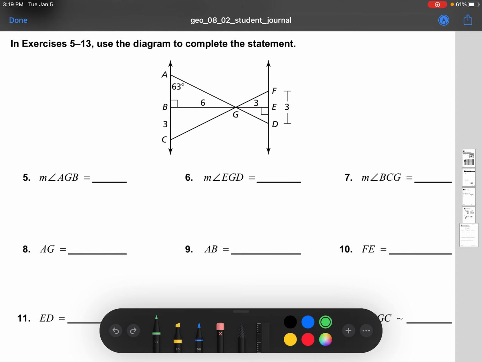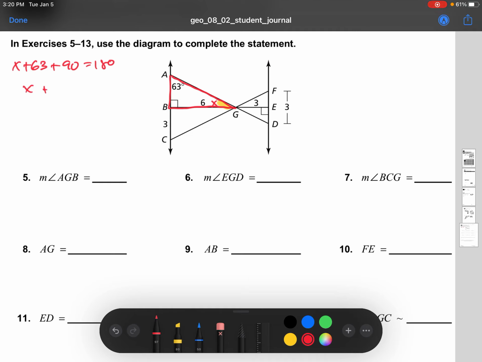All right, so let's begin with question number 5. We want to find the measure of angle AGB. AGB is that angle right there. I see that I have this triangle here, and 2 of the angles I know, 1 of the angles I don't know. So let's just call that angle X. We can write X plus 63 plus 90 equals 180.